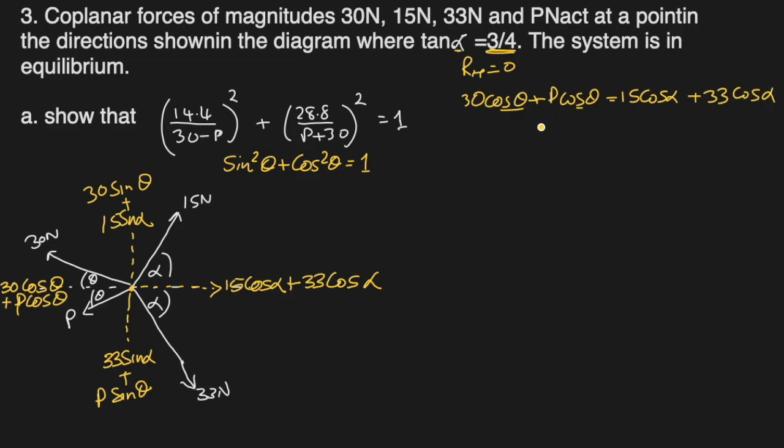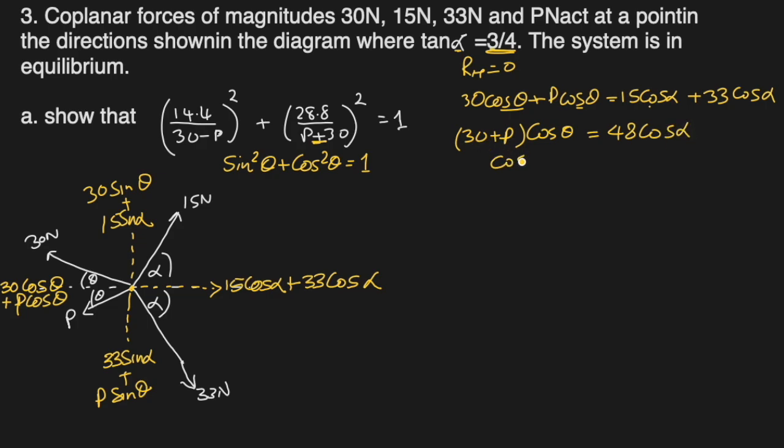We have cos theta common here and that we want to isolate. So what is left here? 30 plus p. Yeah, p plus 30 is here, so we are close. Equal to, both of them are cos alpha, so we'll add them, 48 cos alpha.